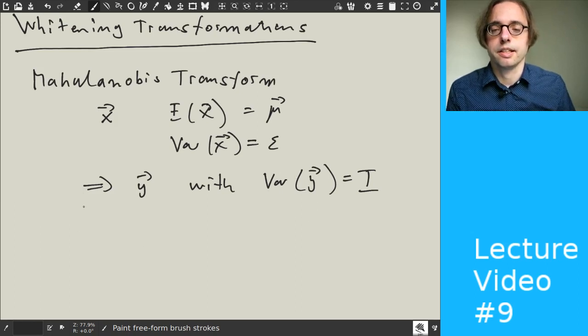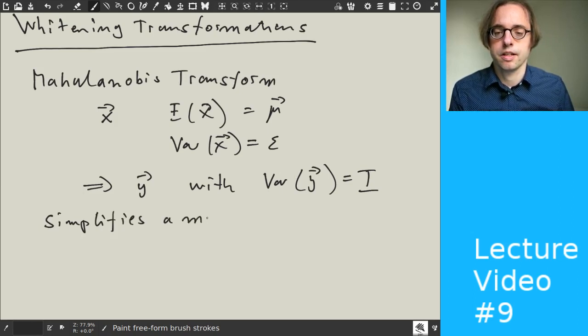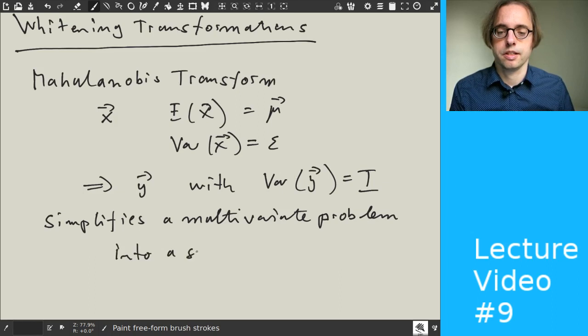And why is this useful? Because this turns a multivariate problem into a set of univariate problems. So it simplifies a generically multivariate problem or model into a set of univariate problems.